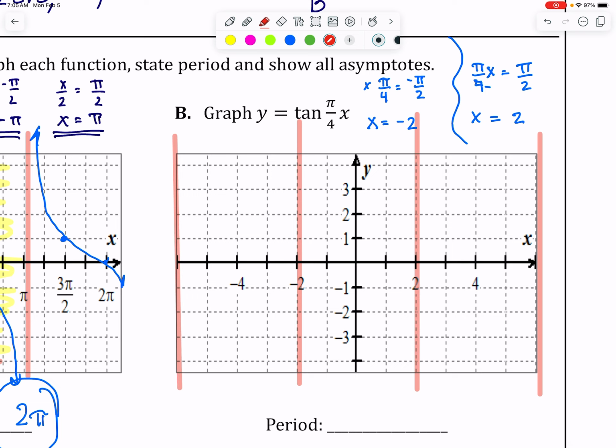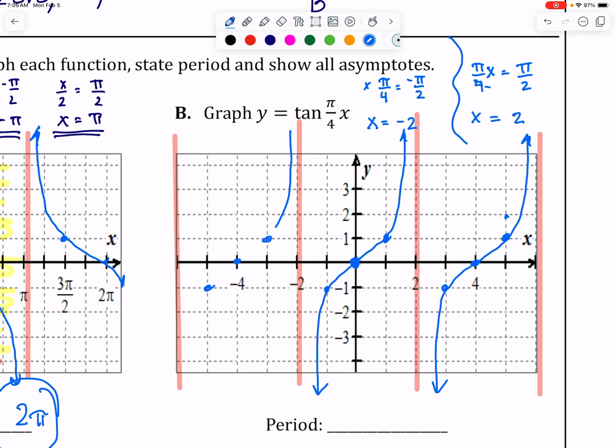Now go right in the middle, and that's going to be our 0. Does it have a negative out front? It does not. So in this case, our low is going to be first, right in the middle, and then our high. I could do this on all of these. And so it's going to come down like that, and like that, and like that.